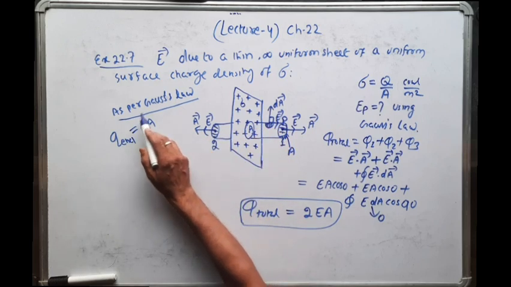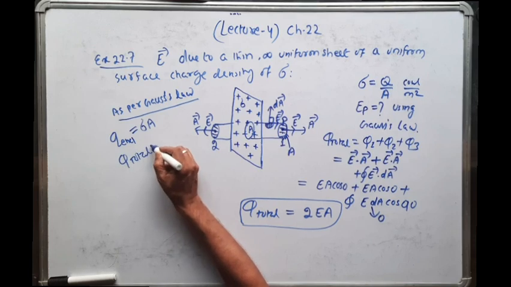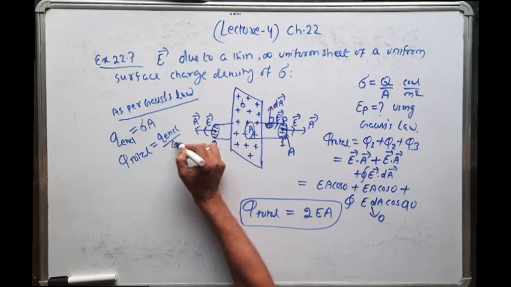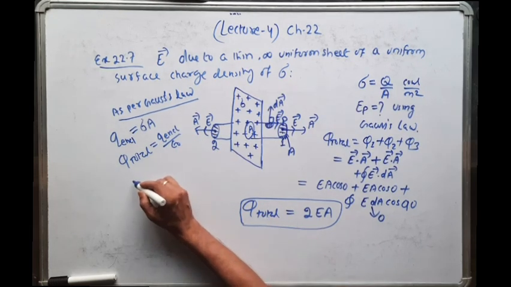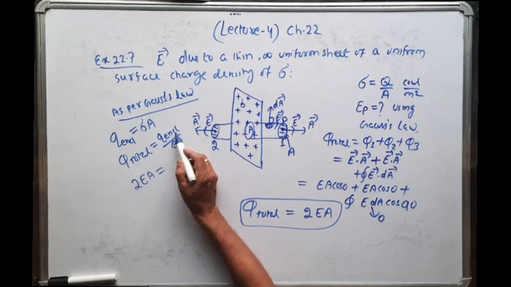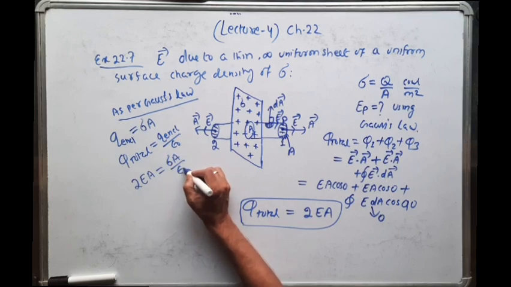Okay. Now as per Gauss law, we know the total flux is equal to Q enclosed divided by epsilon naught. But we had already calculated the total flux is equal to 2 times E into A. And what is the charge enclosed by the Gaussian cylinder? Sigma into A, divided by epsilon naught.